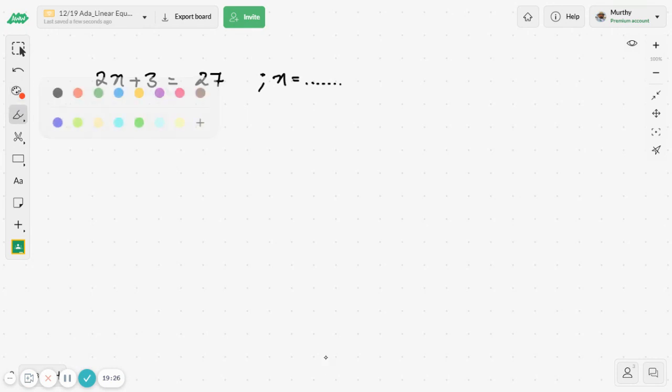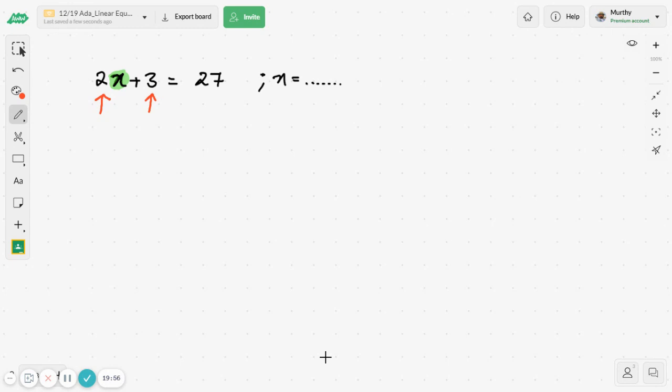Our target is always to isolate the variable, x. Now, which one do I have to detach? So the question arises: do I have to eliminate 3 first or do I have to eliminate 2 first? Which one? Is it 2 or 3?